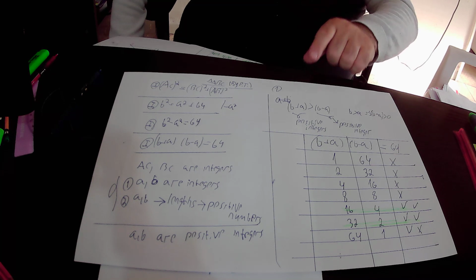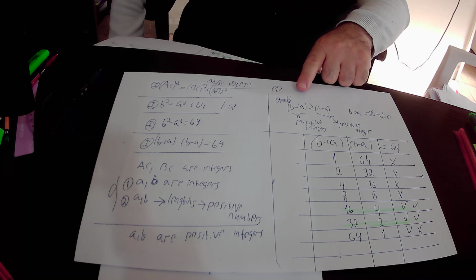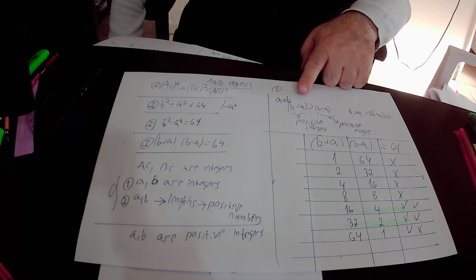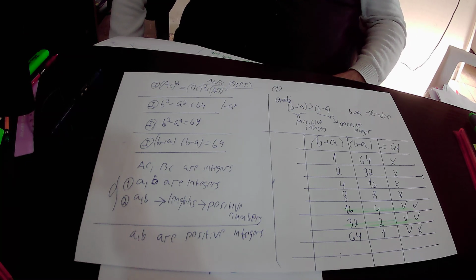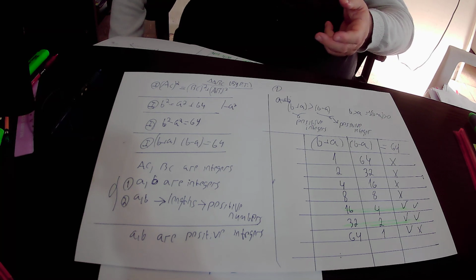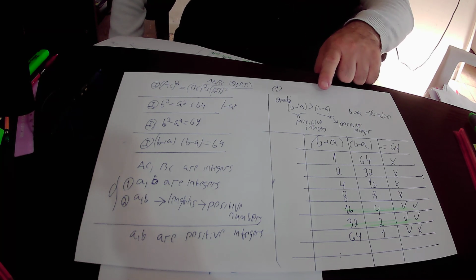So if A is a positive integer and B is a positive integer, then A plus B must also be a positive integer. Therefore, the expression A plus B is a positive integer. We know that B is greater than A because B is the hypotenuse of the right triangle, and the hypotenuse is always greater than the perpendicular.